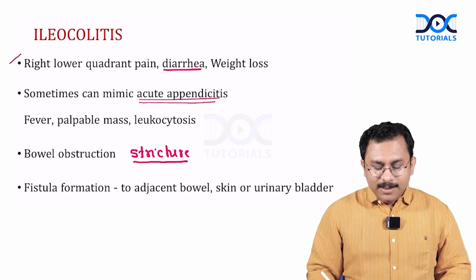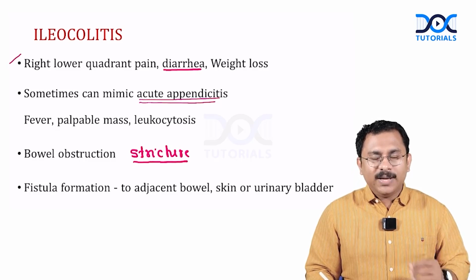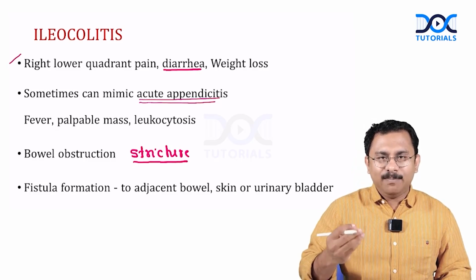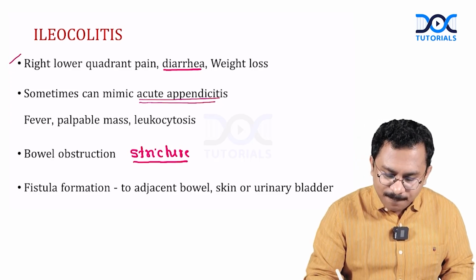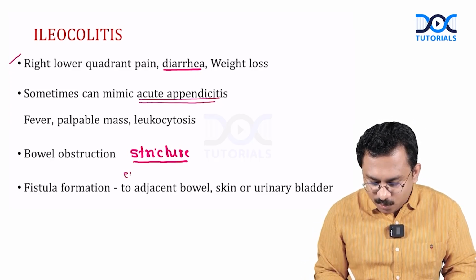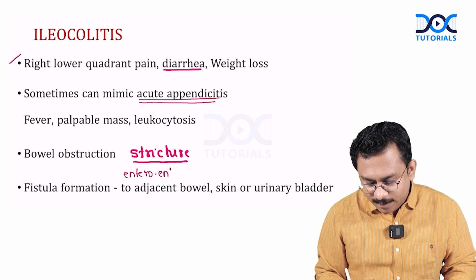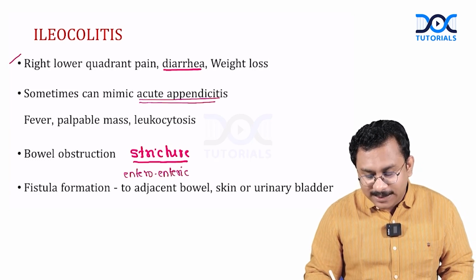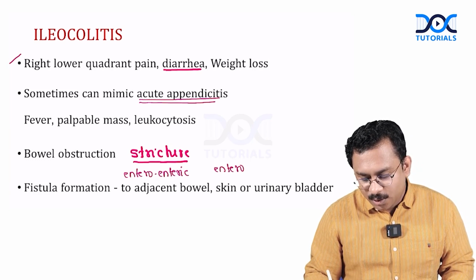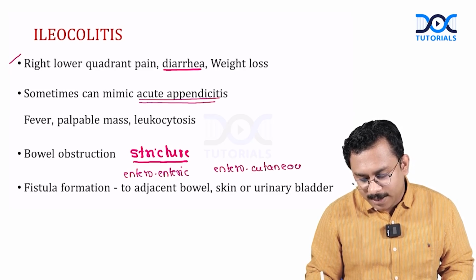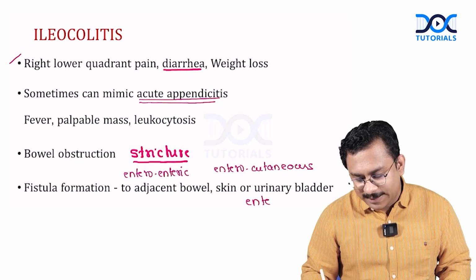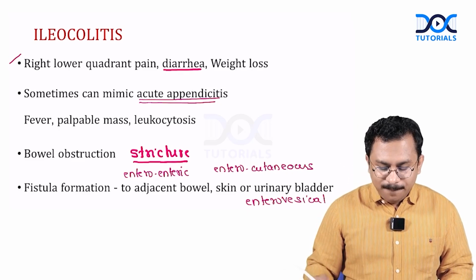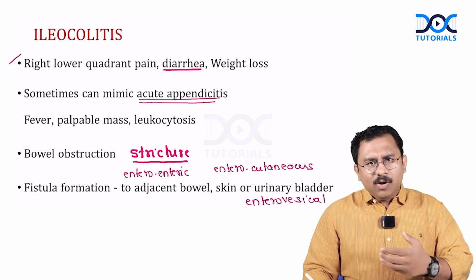You can also have fistula formation, and the fistula can be between bowel and bowel, which is called enteroenteric fistula; between bowel and skin, which is enterocutaneous; and between bowel and bladder, which is enterovesical fistula.